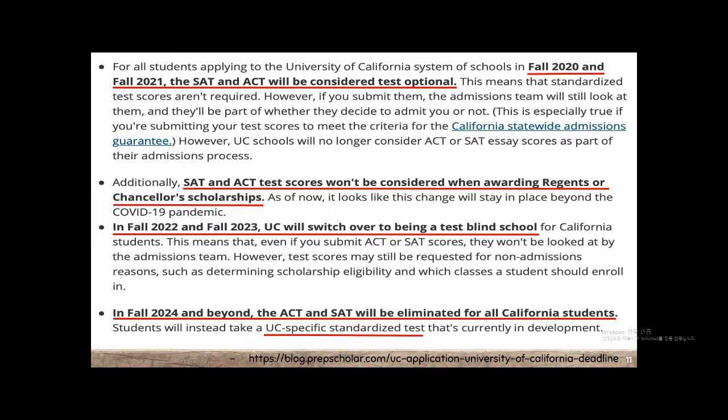In fall 2022 and fall 2023, UC will switch over to being a test blind school. And lastly, in fall 2024 and beyond, the ACT and SAT will be eliminated for all California students, and UC specific standardized tests will replace the ACT and SAT tests.